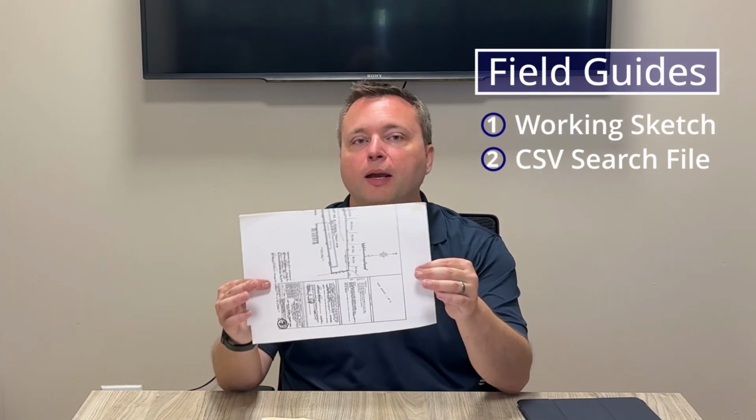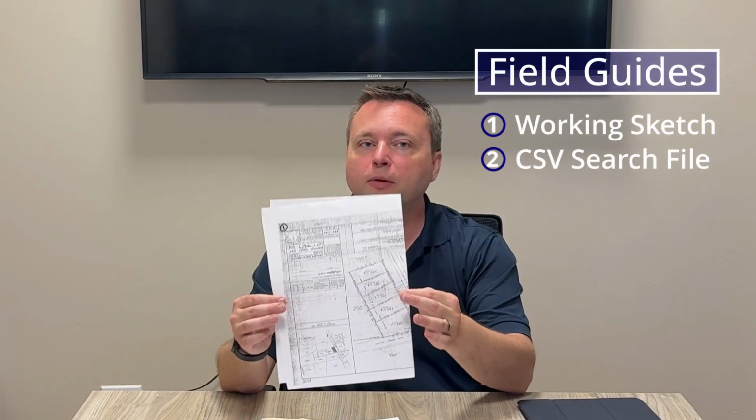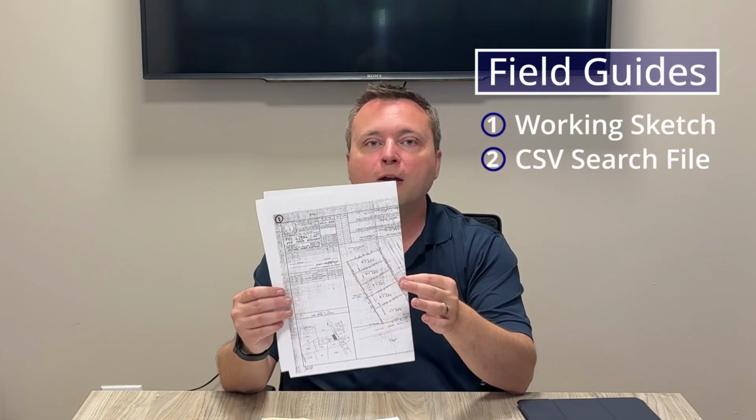Finding old monuments is tough. It's frustrating. But if you have a starting point, if you put in the time to get a realistic search area for each and every survey monument shown on each and every map, deed, plat, then you've got a good chance of finding old evidence.